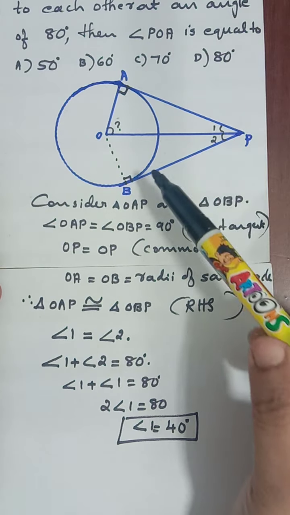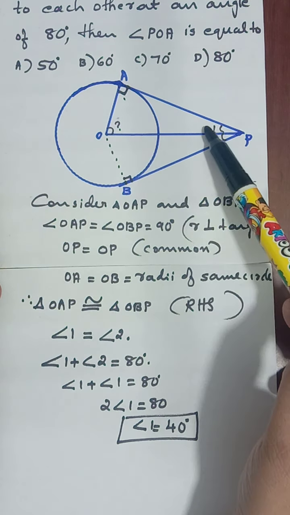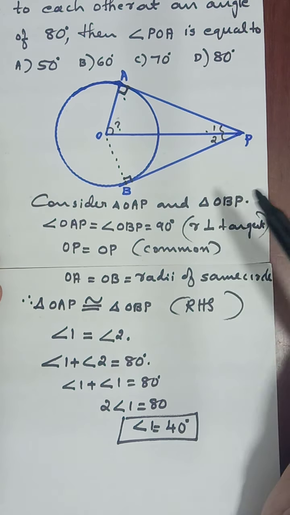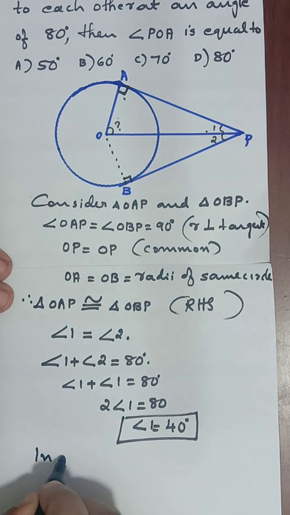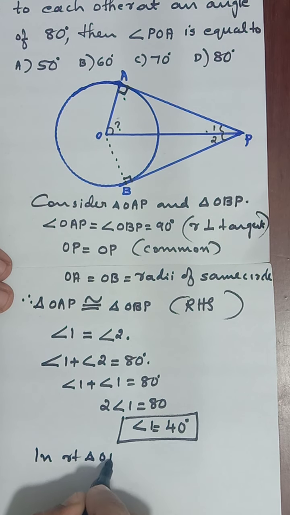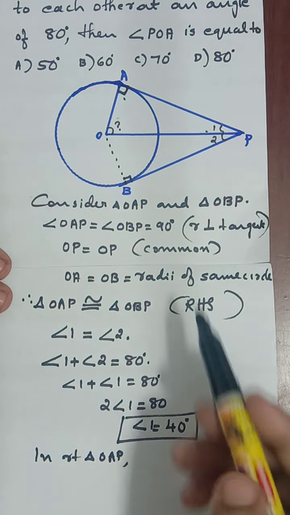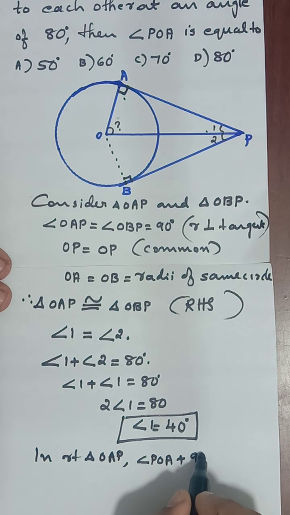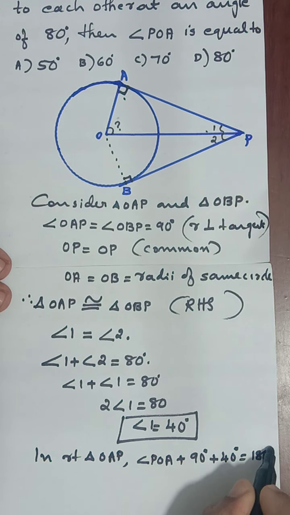Now you come back to the figure. So angle 90 plus 40 plus this angle AOP equal to 180. That is in right triangle OAP. Here we have to write. This angle is POA, we have to find out. POA plus 90 degrees plus 40 degrees equal to 180.